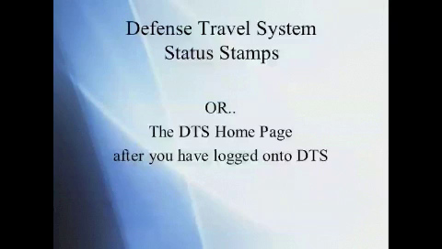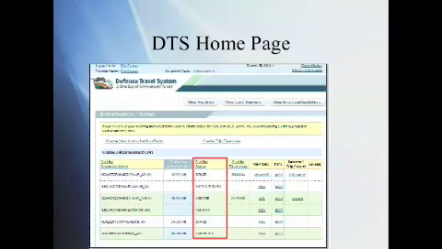Another place you can view the status stamps is from the DTS homepage after you have logged on to DTS. Here's the page that you will see after you've logged on to DTS, and there are the status stamps.